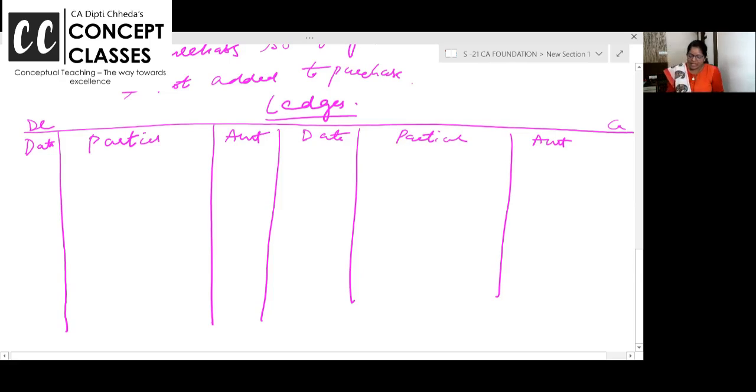Date, particulars and amount on the debit side, and date, particulars and amount on the credit side.